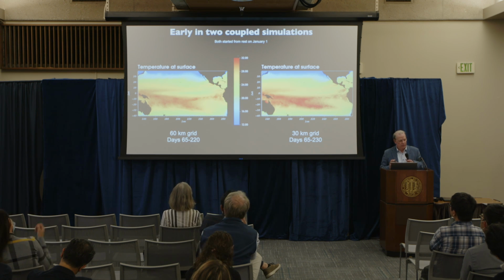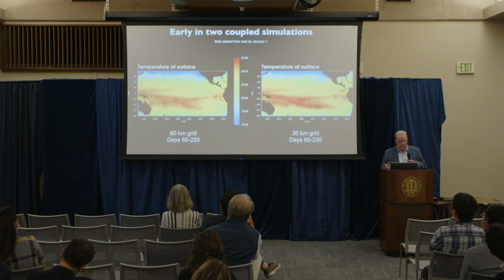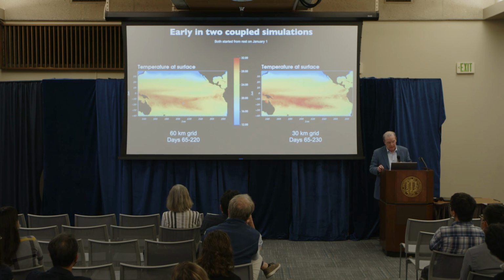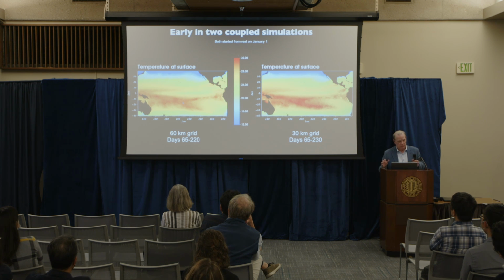Now I'm going to show you two movies, and the one on the right will play first. They're the same thing, except that one of them was run on the 30-kilometer grid, that's the one on the right, and the other one was run on the 60-kilometer grid. So it's atmosphere and ocean on the same grid. And they're started with realistic ocean thermal structure, but no currents.